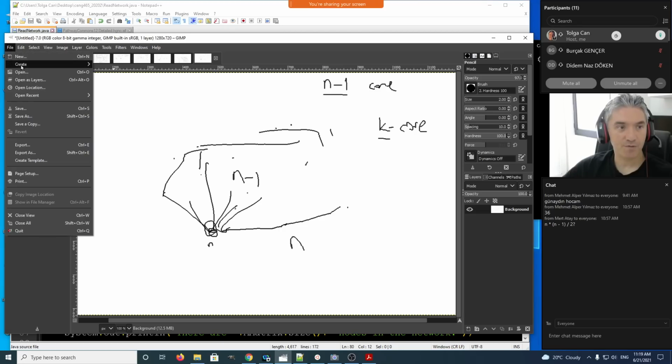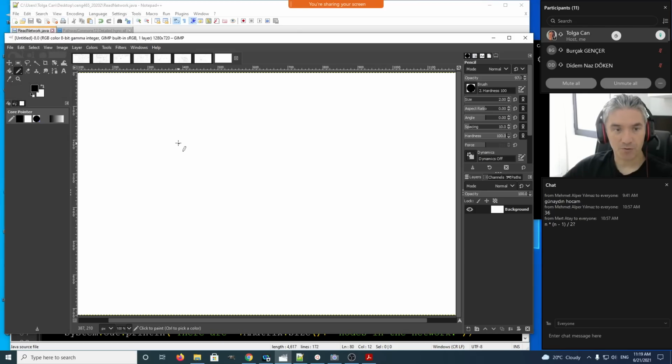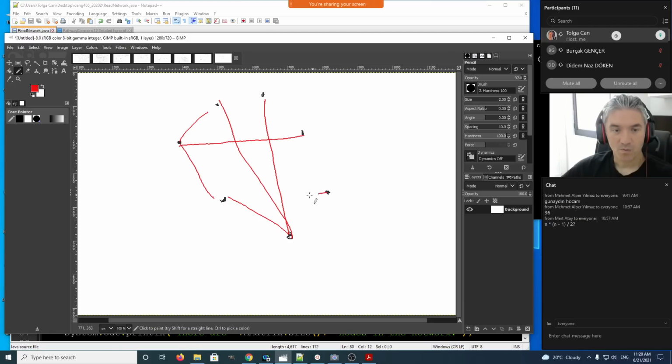For example, let me draw you a 3-core with 7 nodes. 1, 2, 3, 4, 5, 6, and let's have the 7th one here. Now, if all of the nodes in this network have at least 3 connections to the others, for example, this one has 3, this one has 3 connections, this one has 2 connections, so let's make it like this.